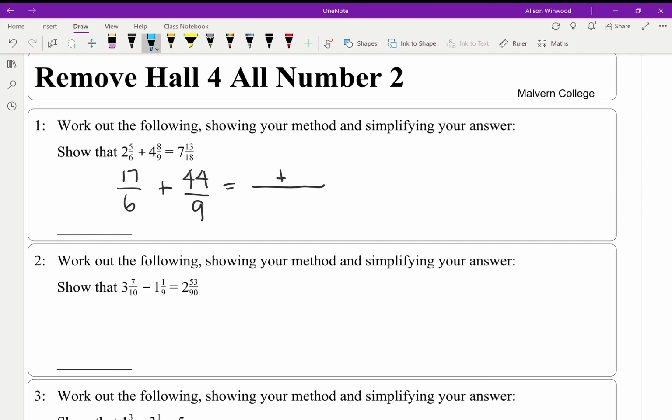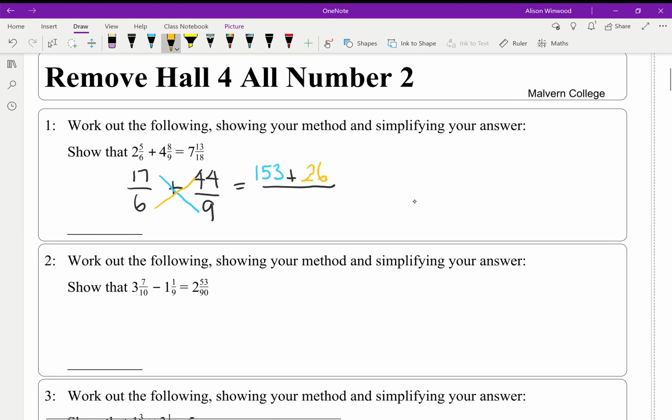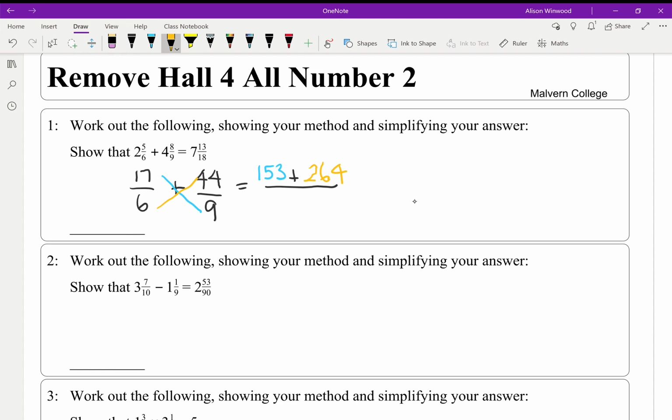Then, because the method works for all fractions, including algebraic, I cross multiply to get the numerators, and straight multiply to get the denominator.